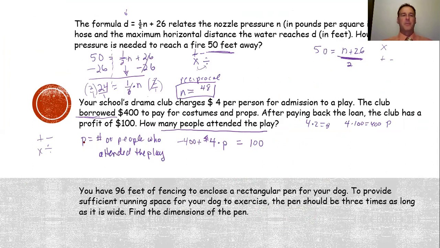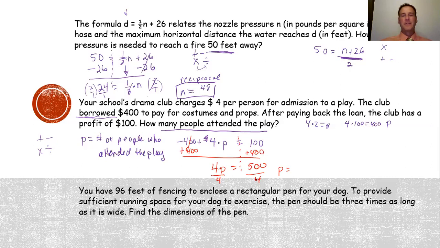Okay, so add subtract. The opposite of this negative 400, the thing without the P, is 400. As long as I get my screens back, I don't care. So let's see. I get 4P is equal to 500. And the last step is to either multiply or divide. Since I'm multiplying, the inverse operation is to divide.